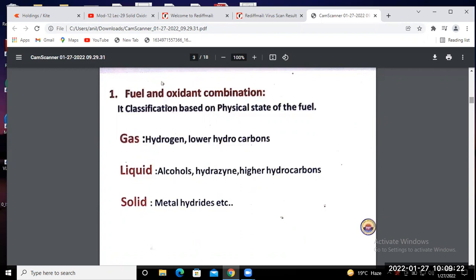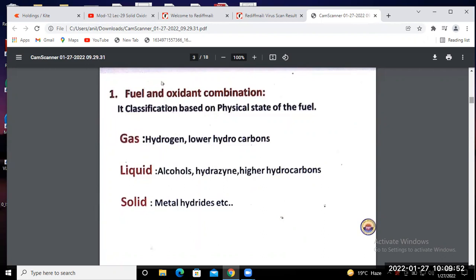These are the physical states of the material. For gas, the fuel we can find is hydrogen, which we already discussed in the previous class. Hydrogen may exist in the form of gas, and lower hydrocarbons are also found in gas form.